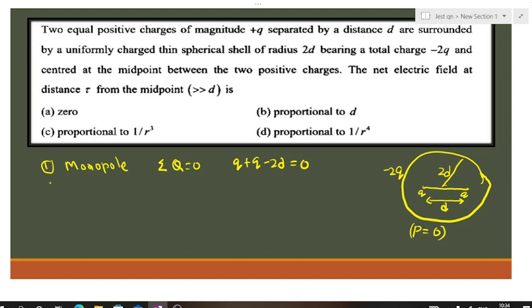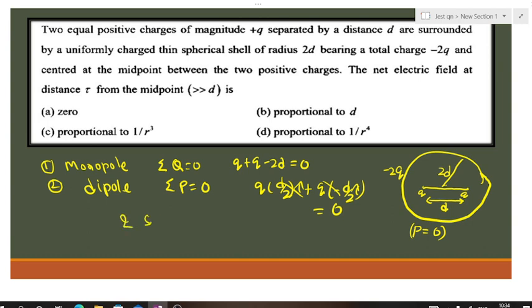Then we have to check the dipole. Sum over p equal to 0. So q into d by 2 i cap plus q into minus d by 2 i cap is equal to 0.